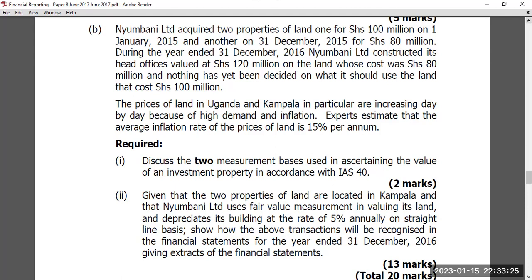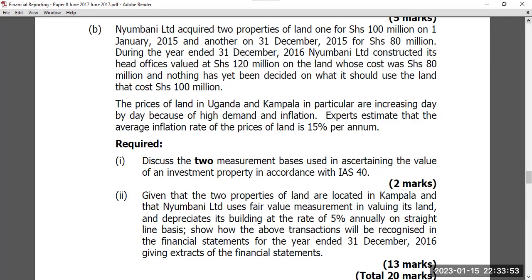So one of the things I want to emphasize here is that this paper is not all about computing. Whenever we are talking about accounting, you are not going to be doing computations only. Because for this number, if you do only the computation, you couldn't get all these 13 marks.